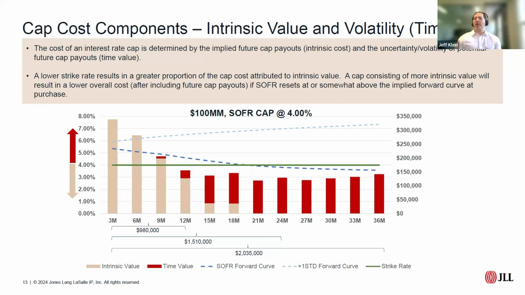None of the forward curve is above that green line, but the time allows there to be more error. And so the option dealer, let's say it's Goldman Sachs, has to account for the fact that there might be a payment, not because of the actual forward curve, but because of the error to the forward curve. So you're assessed a cost for the fact that time could allow SOFR to deviate from the forward curve. So we made that one all red.